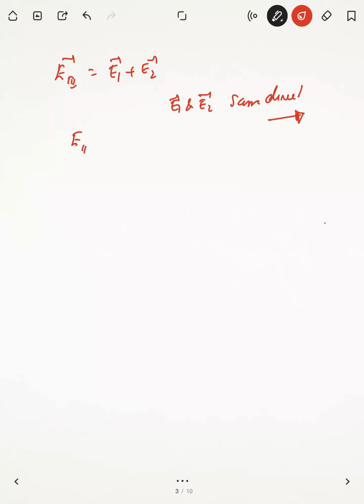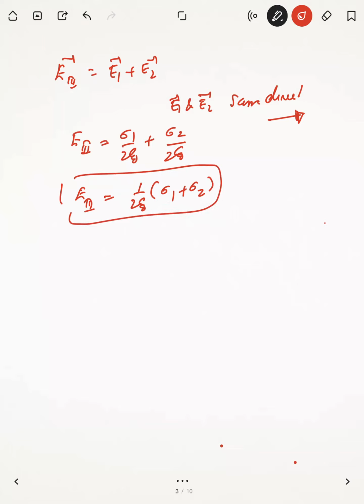So E in the third region, we are adding these two values, sigma 1 by 2 epsilon 0 plus sigma 2 divided by 2 epsilon 0. 1 by 2 epsilon 0 is common, sigma 1 plus sigma 2. So this is E in the third region and this is equation number 3. And which direction is it? Toward the right side. In the third region, electric field is toward the right, as per the diagram.